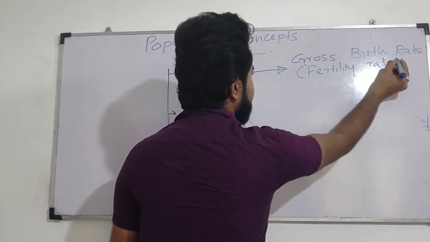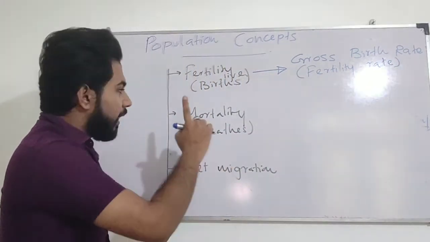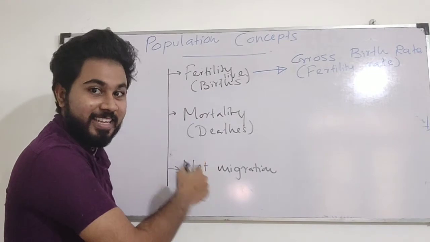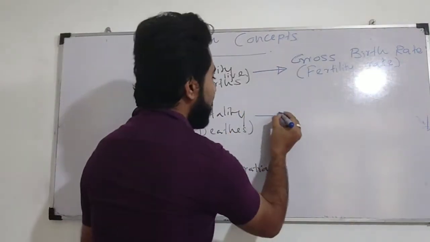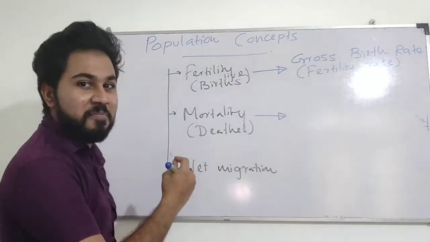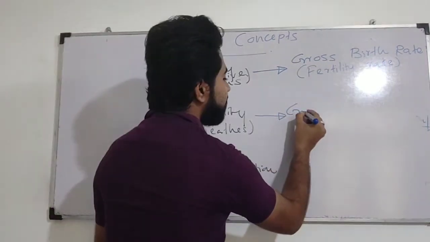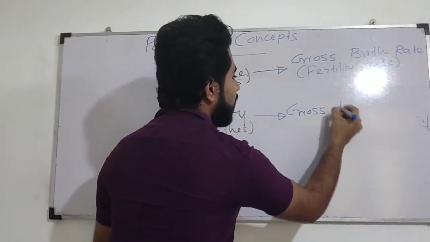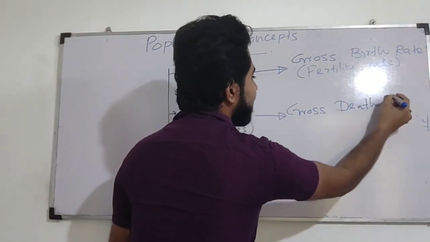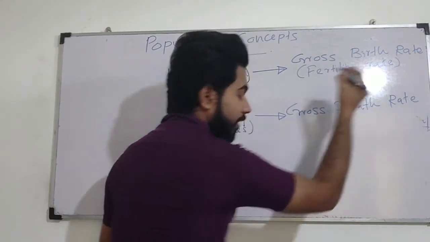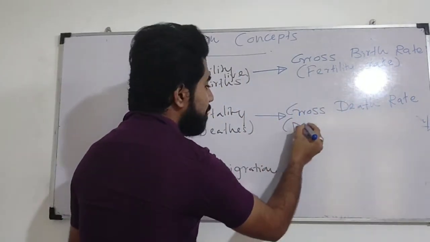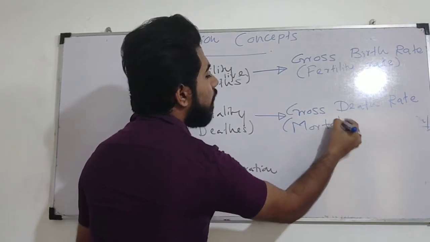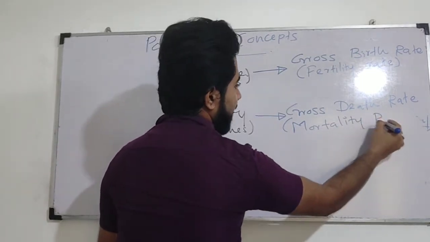And with regard to mortality, that means death cases, we will discuss the second part. What is that? The gross death rate. We also technically call this the mortality rate.